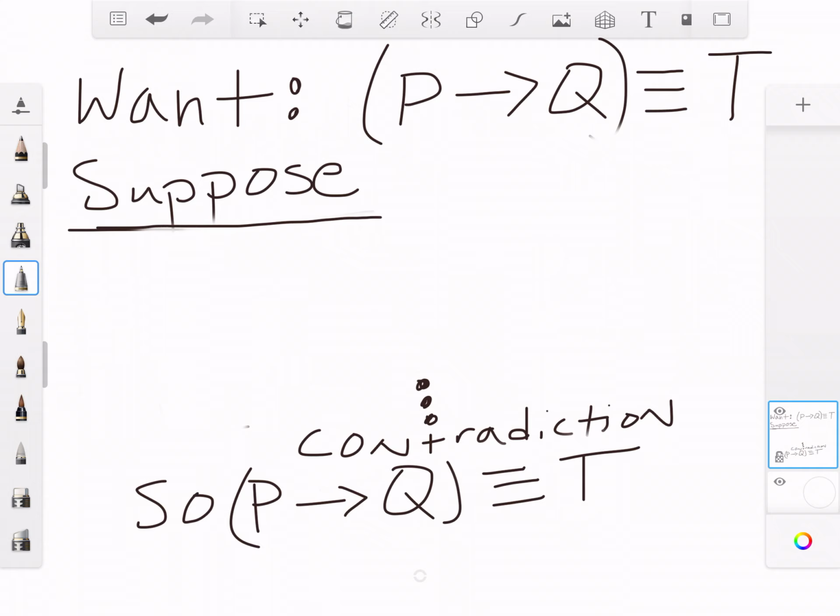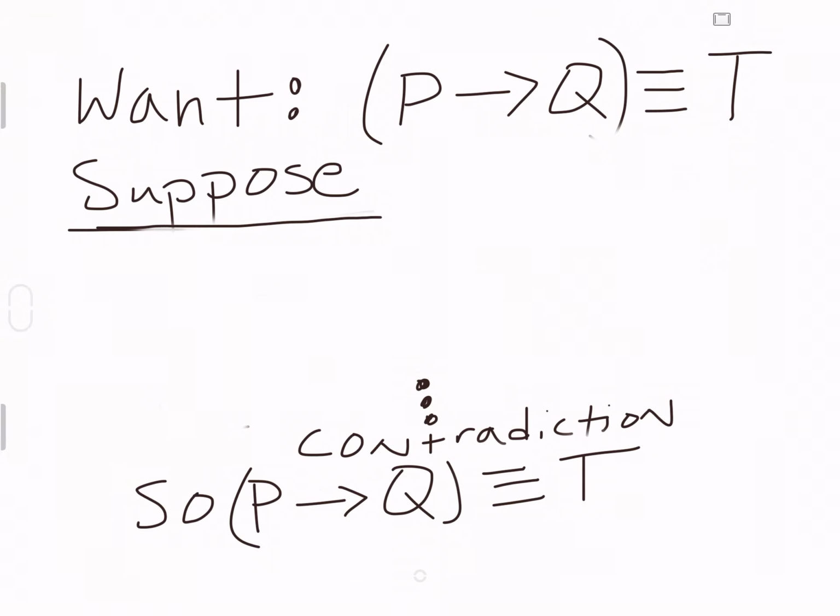So you want P implies Q to have a truth value of true.